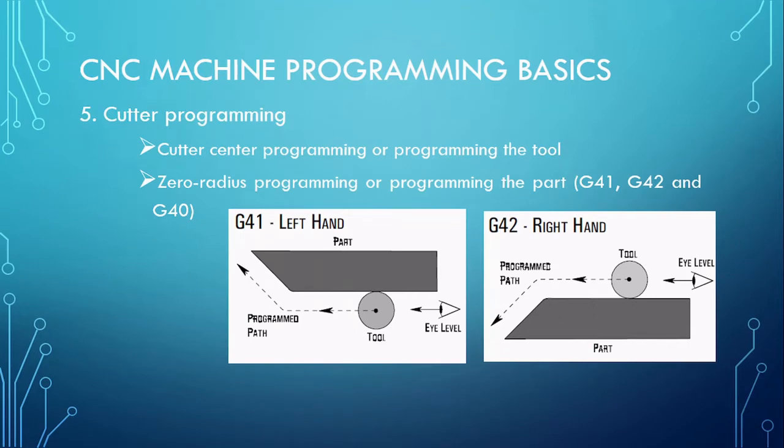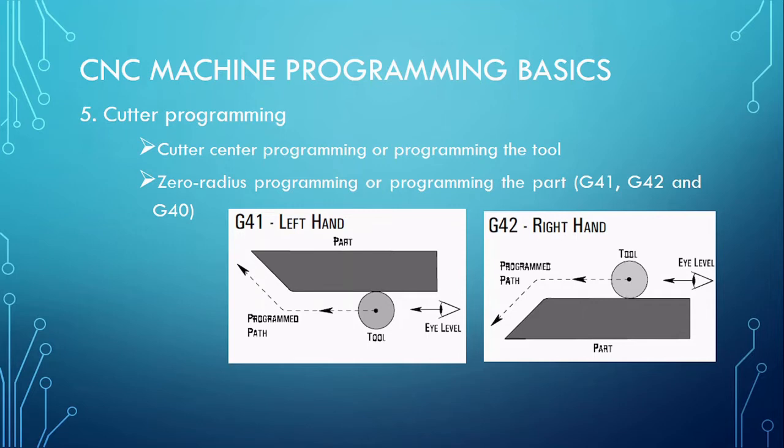Now, another basic of programming is cutter programming, particularly for milling operations. For every coordinate that is quoted on a part program, what the machine tool wants to do is to ensure that the center of the tool coincides with that coordinate.